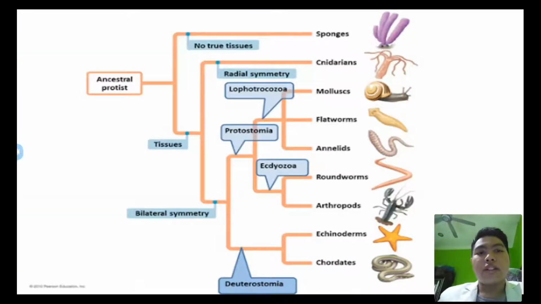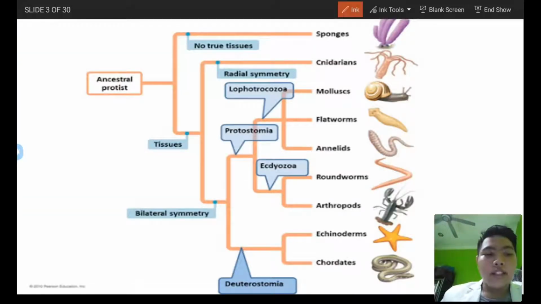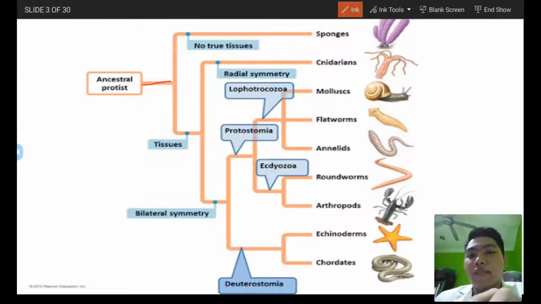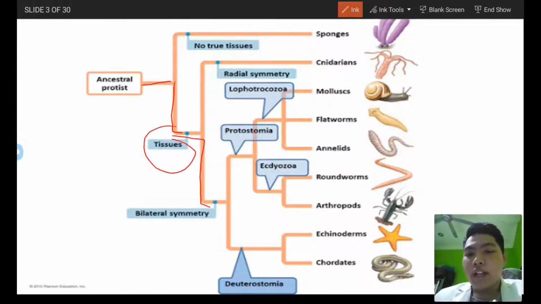Okay, so this is the taxonomy of the deuterostomia. First, we start with the protists or the ancestor. From the ancestor, they are differentiated by the tissue and by bilateral symmetry, and lastly by the deuterostomia.